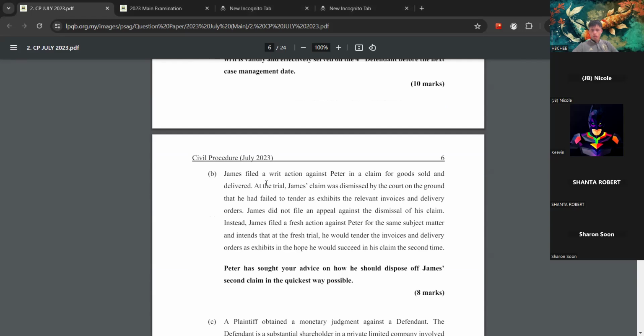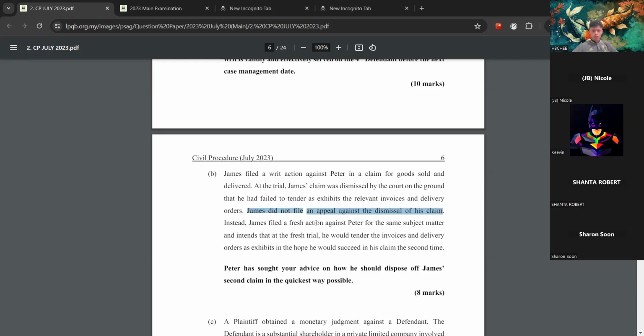Okay. Then we'll come to part B. James filed the writ action against Peter in the claim for goods sold and delivered. At the trial, James' claim was dismissed by the court on the ground that he had failed to tender the exhibit, the relevant invoice and delivery orders. James did not file an appeal against dismissal.